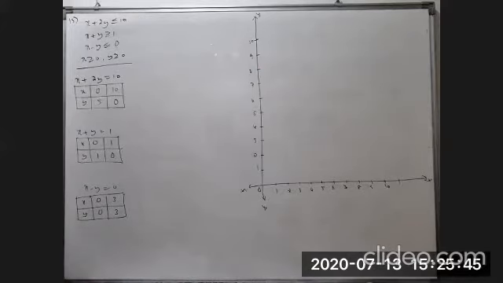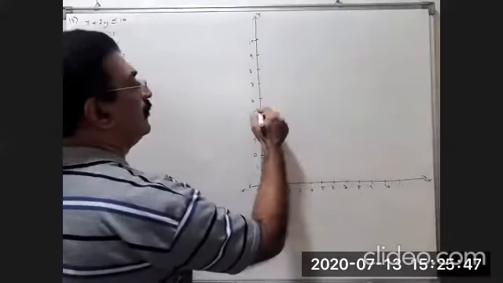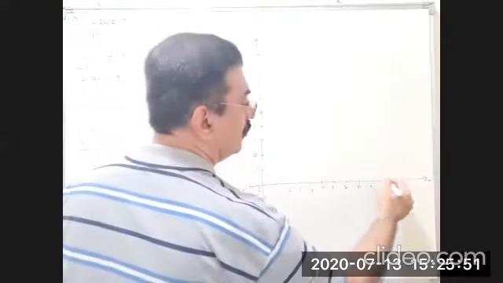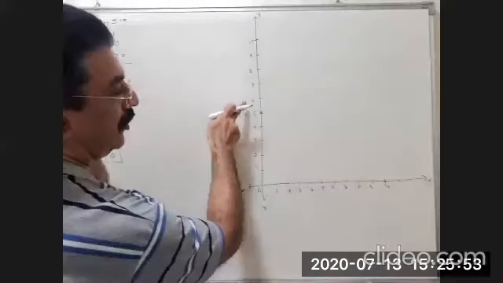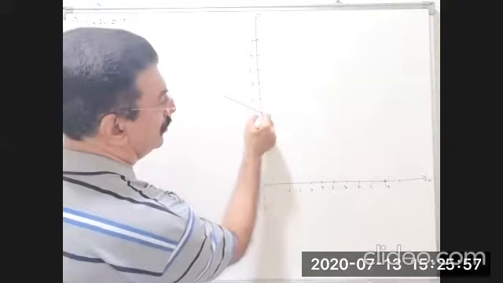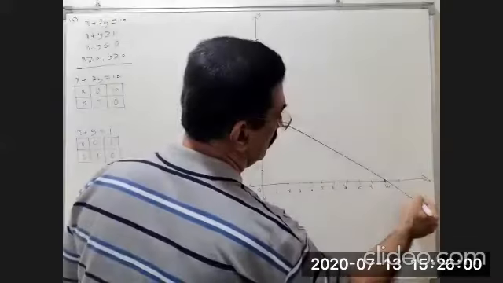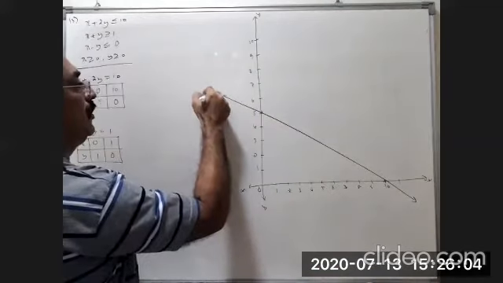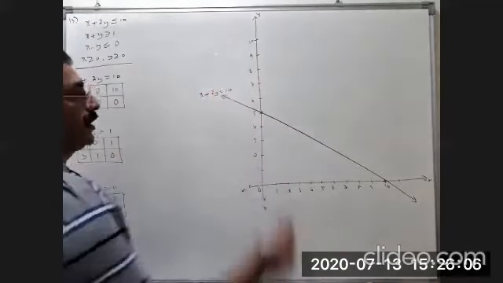So 0, 5 and 10, 0. 0, 5, 10, 0. So it is this. This is x plus 2y is 10.